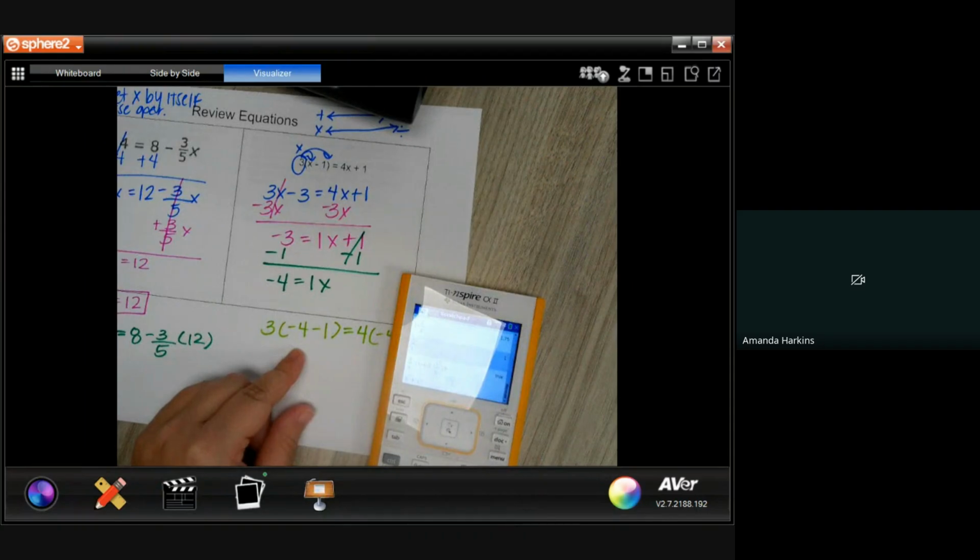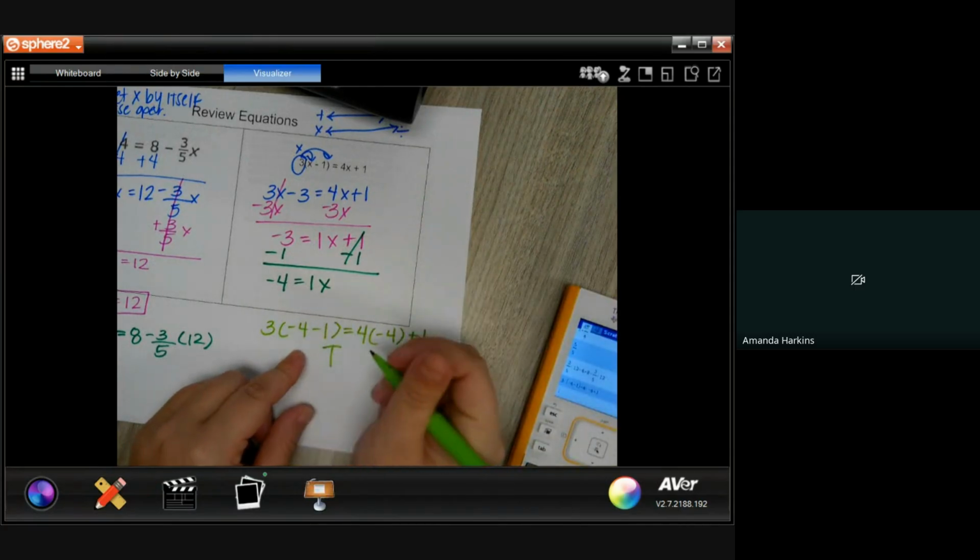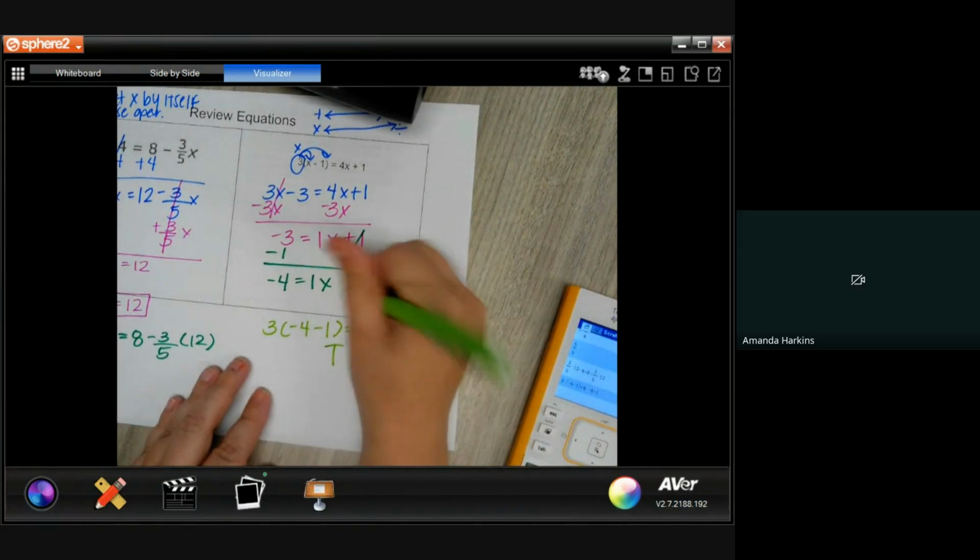It's true, so I did this one correct. So my answer is x equals negative 4.